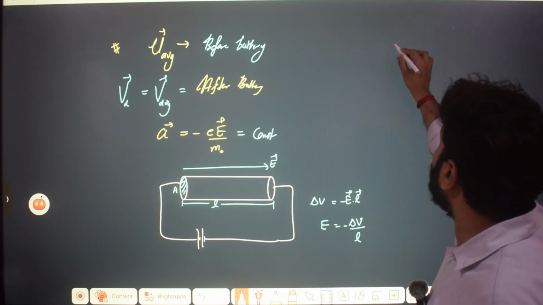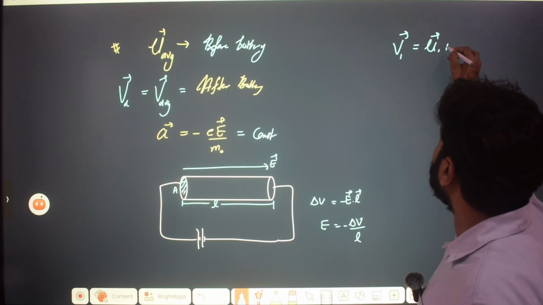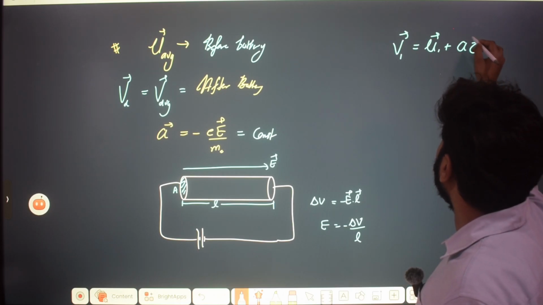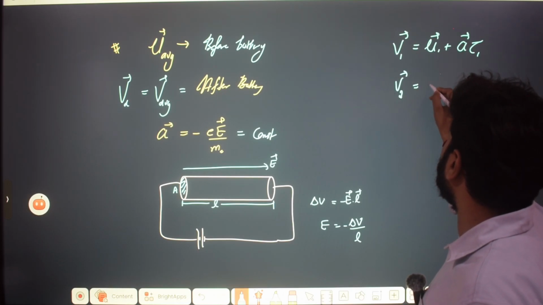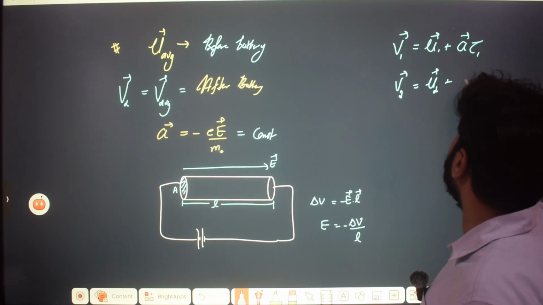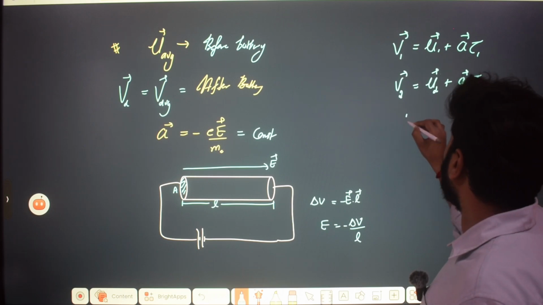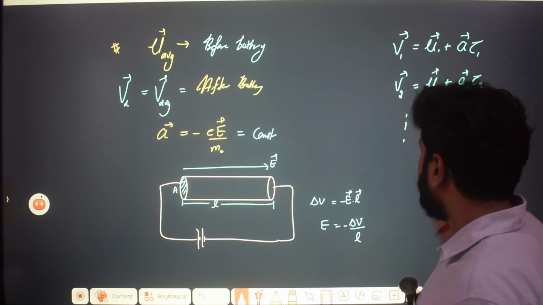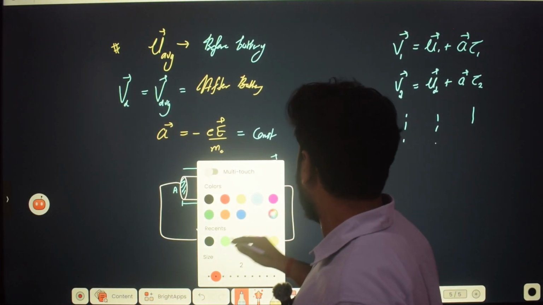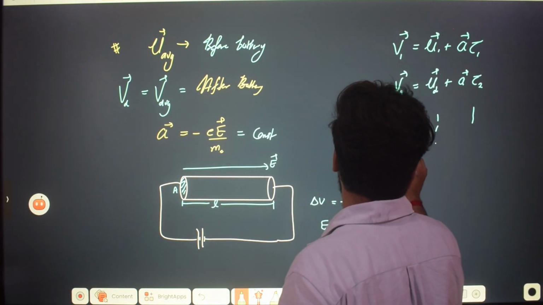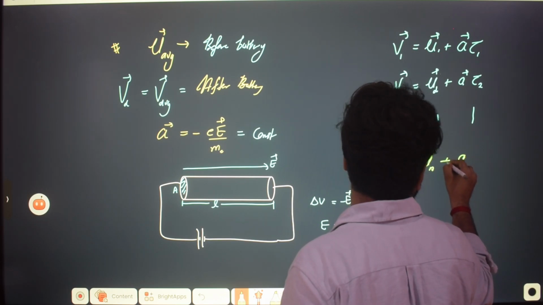So v1, the final velocity, will be initial velocity plus acceleration times time. The same goes for v2, and up to vn. So vn can be written like this.